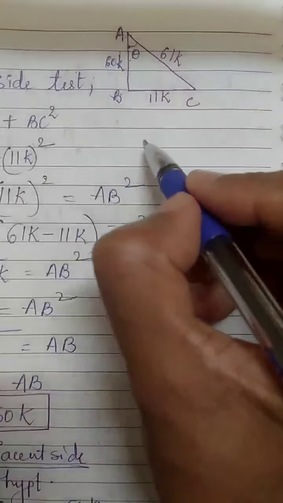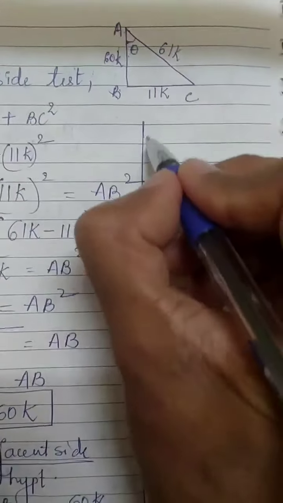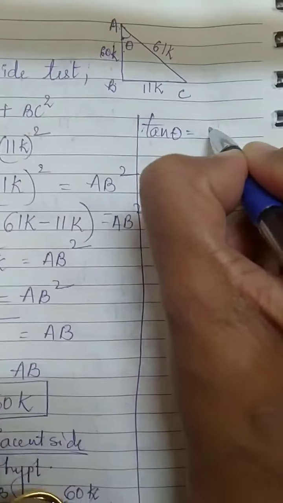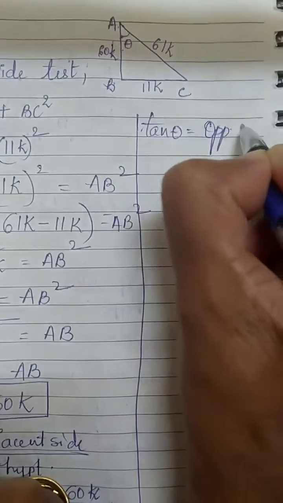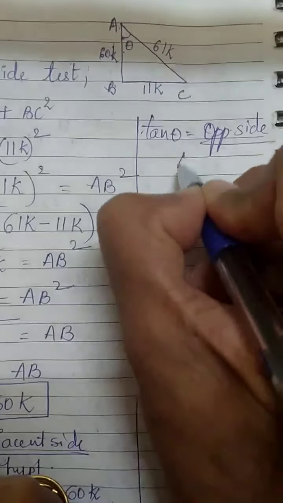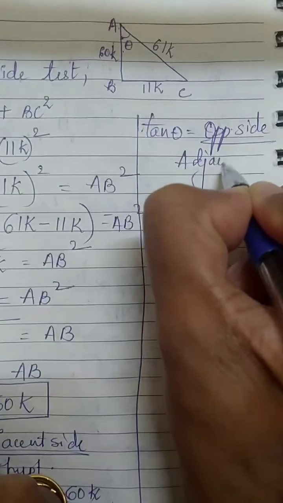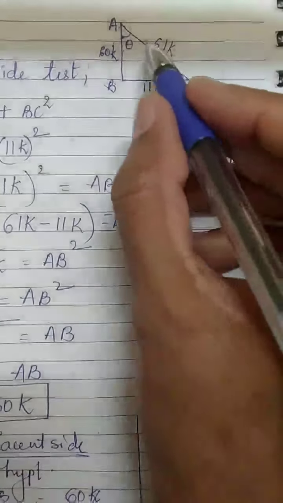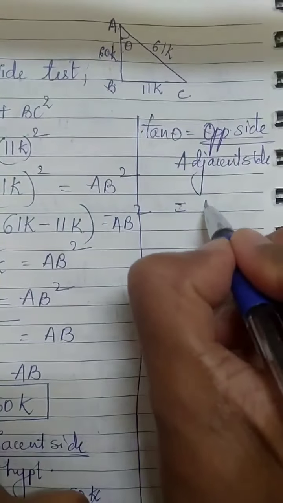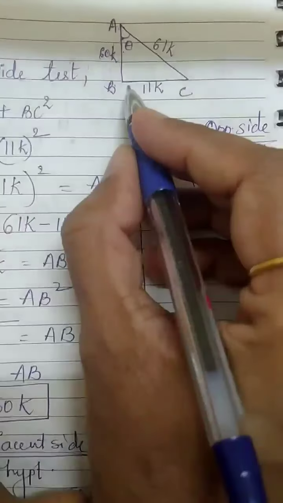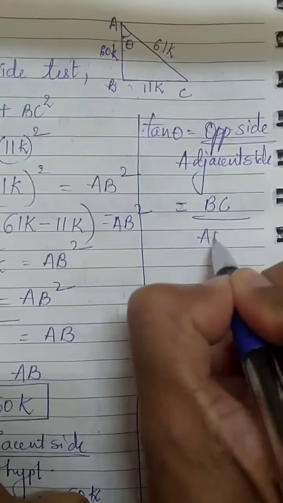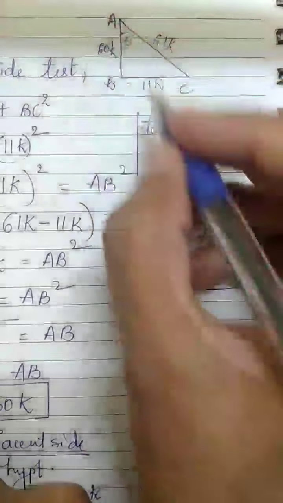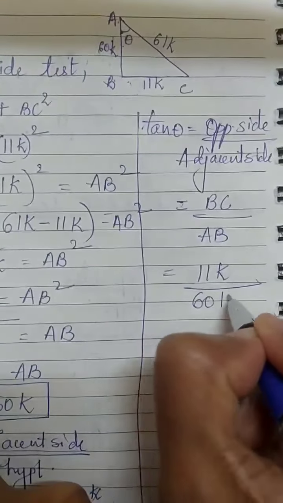Similarly, we will find out the next value, that is tan theta. Tan theta is equal to, as per the formula, opposite side upon adjacent side. For theta, opposite side is BC upon adjacent side is AB, which is equal to 11k upon adjacent side 60k.